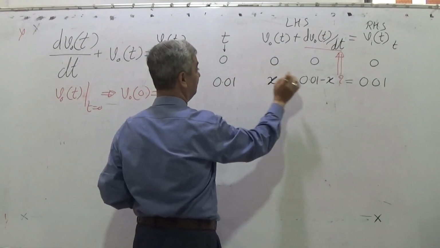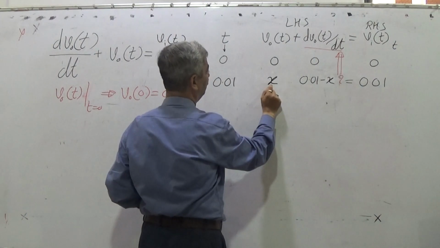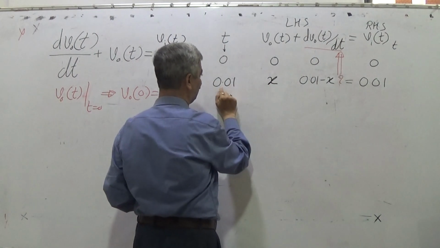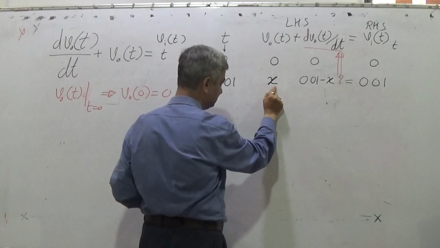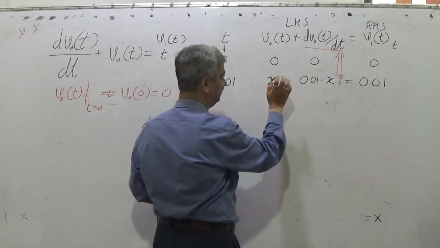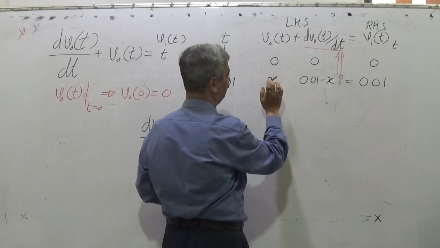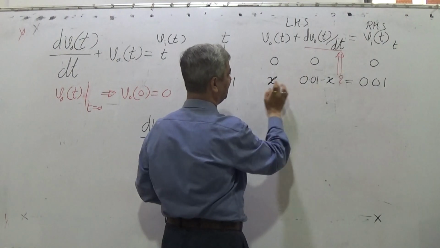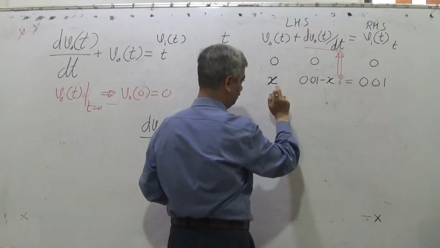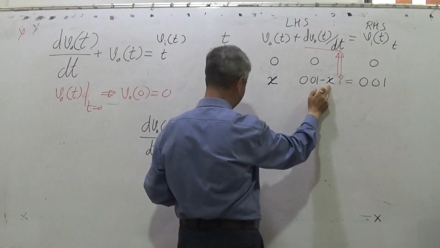If Vo(t) at t equal to 0.01 is x, then the differential equation is dVo/dt plus Vo should be Vin(t). So this must be 0.01 minus x.